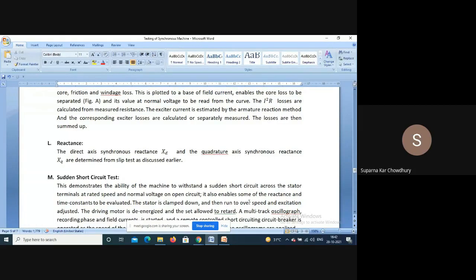Under this condition, if we measure the stator input current and the voltage, we will see the current and the voltage both fluctuate between a minimum and a maximum value. Actually, what happens is the machine is drawing basically the magnetizing current. We have applied a constant voltage, so the air gap flux should be constant.